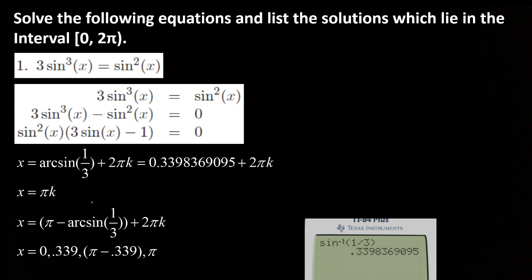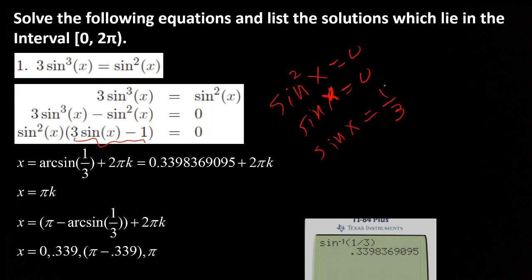So either sine squared equals 0 means sine is 0, or 3 sine x minus 1 equals 0, that means sine equals 1/3. So we got two equations.